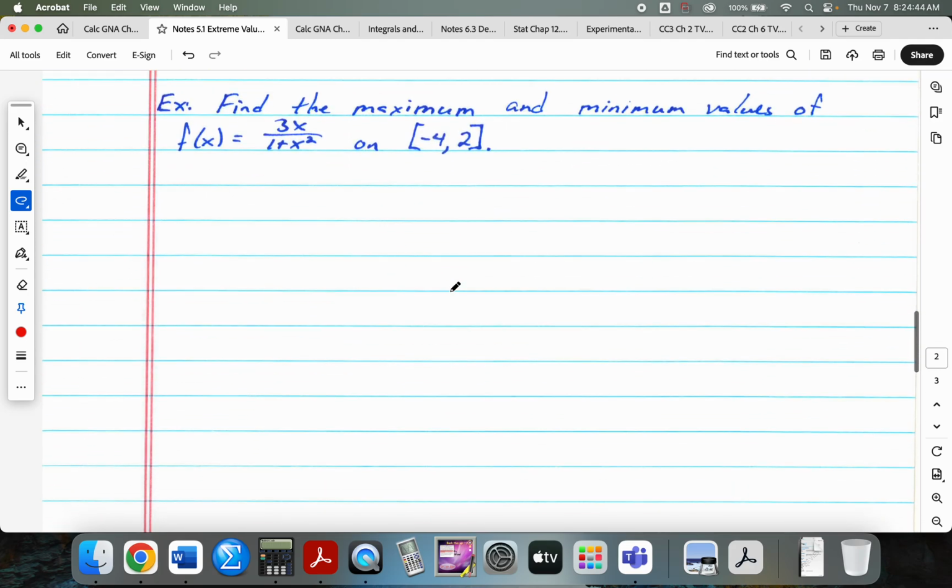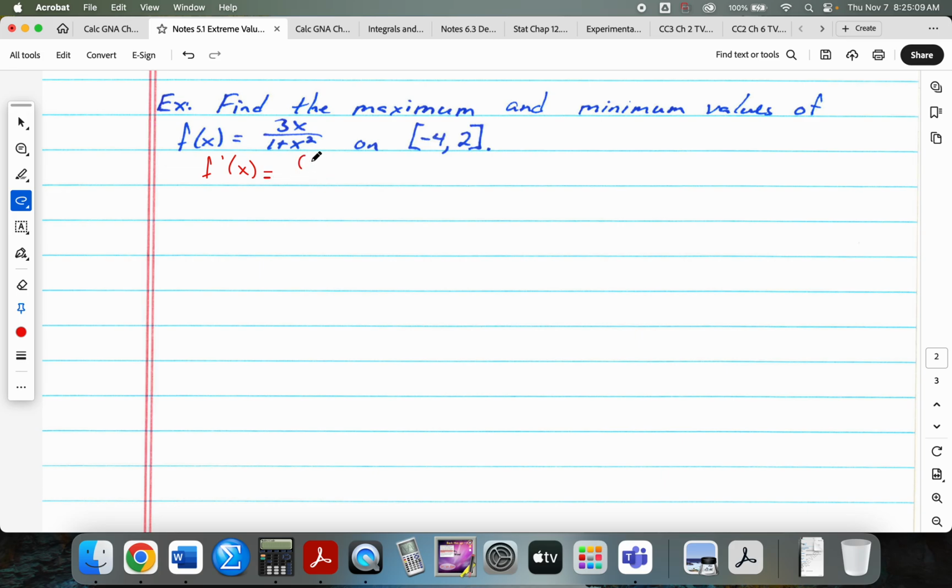All right, let's find the maximum and minimum values of this function f of x on the closed interval from -4 to 2. Notice it has to be a closed interval for this, right? It has to be this closed domain in order to use the candidates test. So we'll take the derivative. F prime of x, we'll get to use the quotient rule.